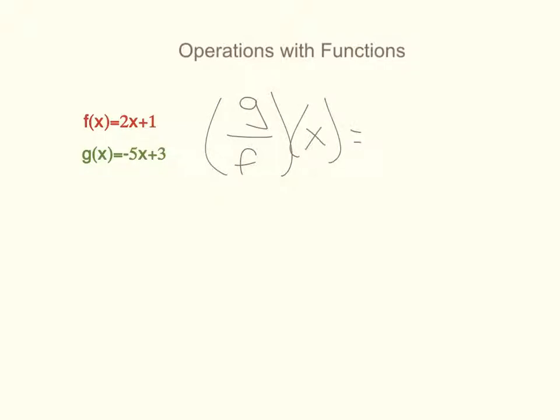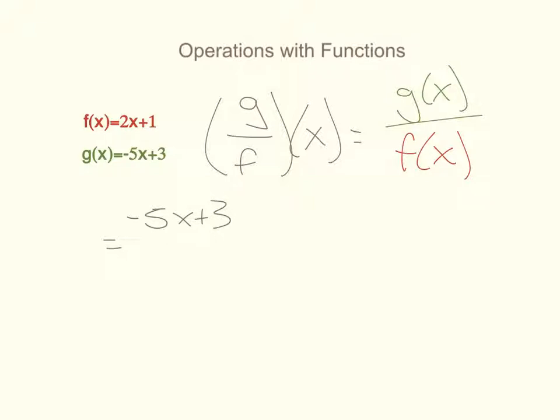I just want to show that it's different. This time the g information is going to be in the numerator, and the f information will be in the denominator. When you're dividing, nice and easy, you just plug in the numerator and the denominator, and that's done. But now our domain has changed, which is why I wanted to do this.